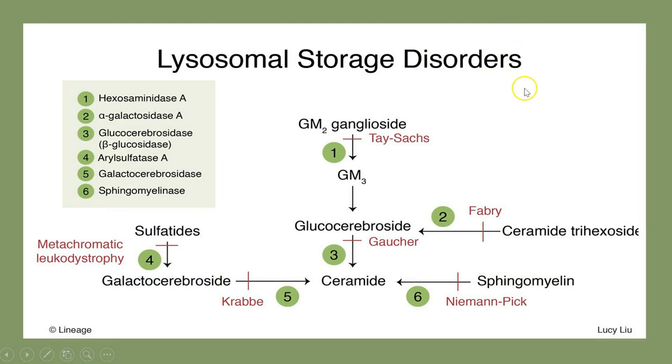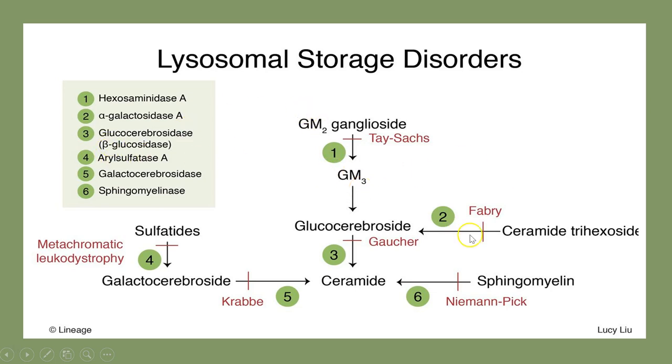And this is actually, I think, a really good study guide for you as far as lysosomal storage diseases. So in Gaucher's disease, glucocerebroside cannot be broken down to ceramide through this enzyme, glucocerebrosidase. The first step, from ganglioside GM2 to GM3, is caused by an abnormality in hexosaminidase A, and this causes Tay-Sachs.